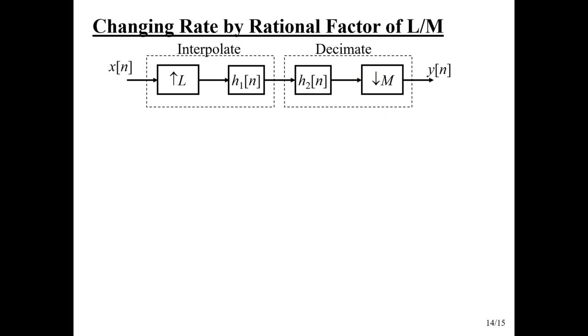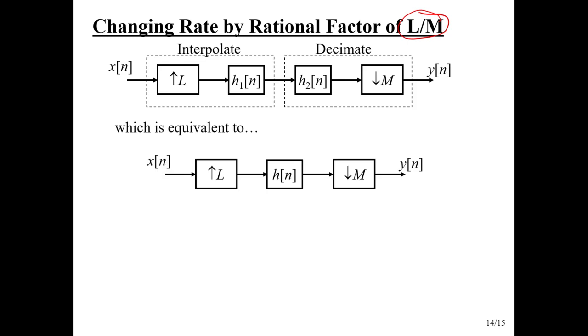So for just a two-stage rational factor viewpoint here, we always want to do the L first and then the M. Sometimes these L's and M's get pretty big to create just the right rational factor, right? So the rational factor might not be that large, but to get it, we need a big L and a big M. We'll see an example in just a little bit.